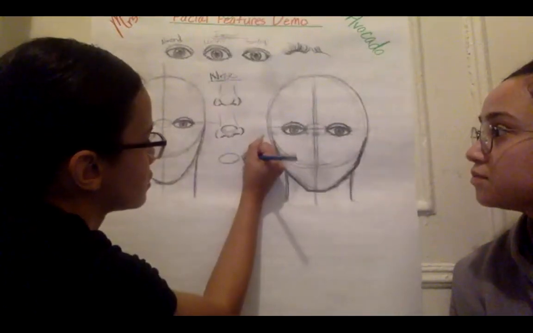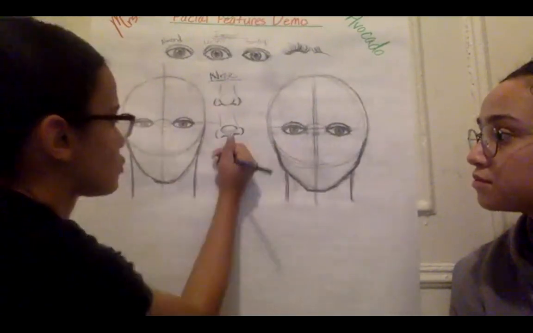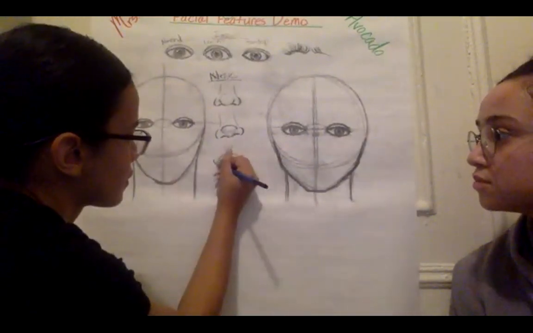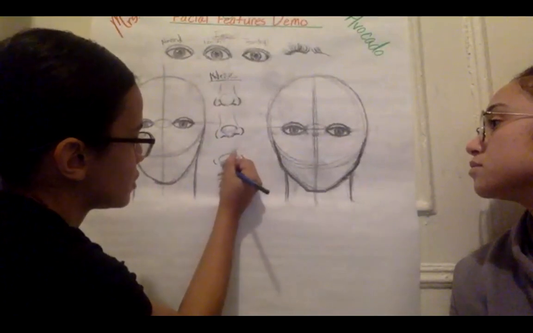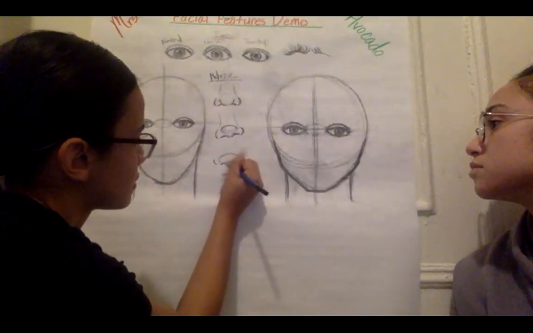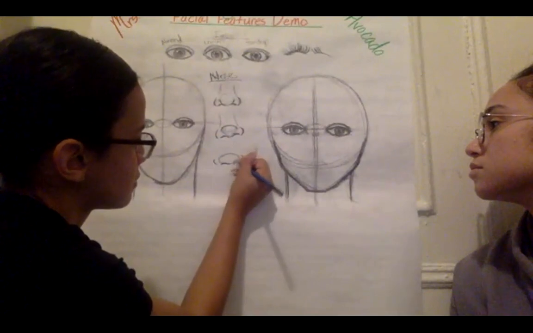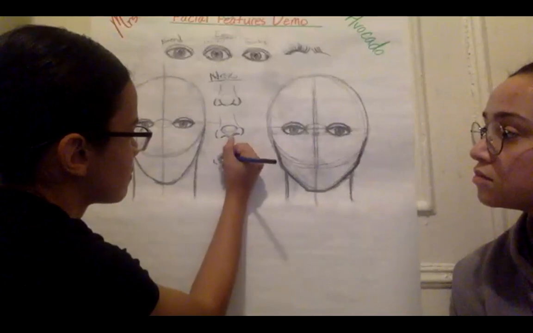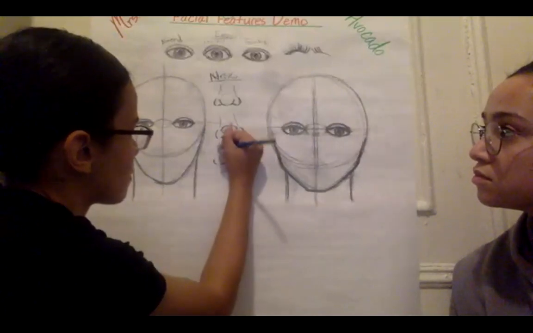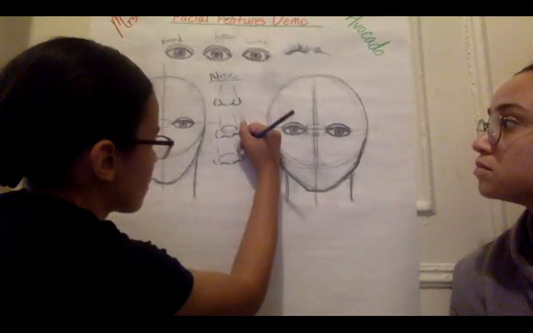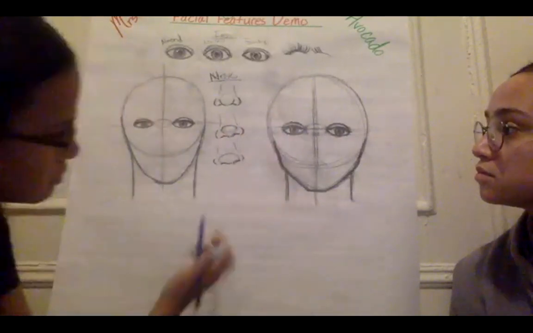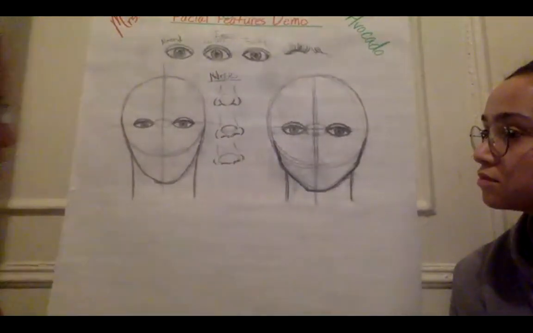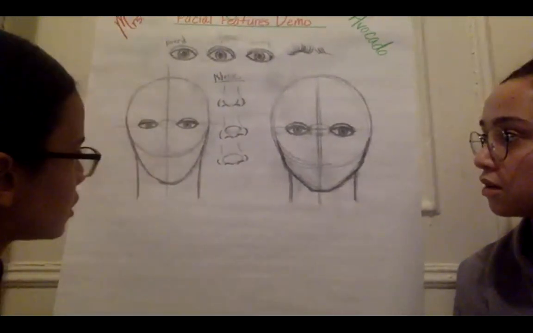We have very small nostril, and then here we spend our time kind of just adding. There's a wider nose, yeah. And then we erase what we don't need, which we don't need a lot of that.